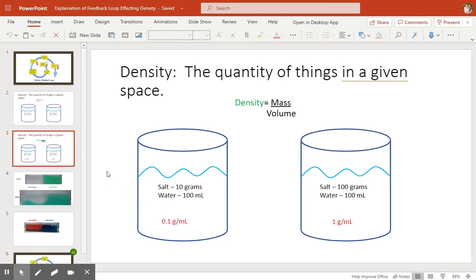Now, let's talk about how this works. Okay, so ocean ice is melting because of that feedback loop, which means there is more fresh water going in, which is going to dilute the salt. So this one right here would look like a positive feedback loop that the ice is melting, adding more water.